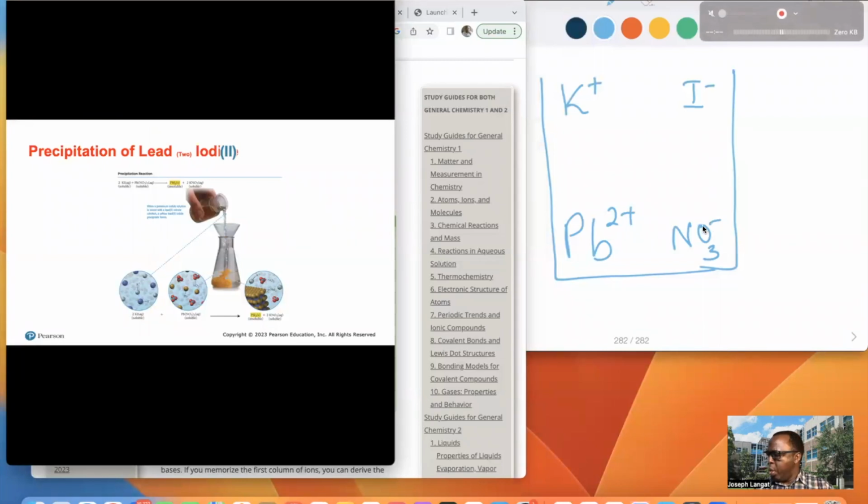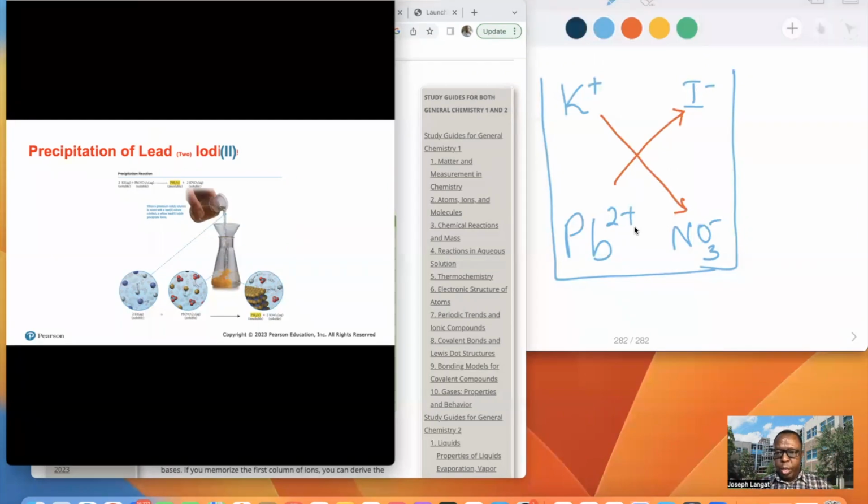So that's why I do have the negative 1 here. In a double replacement reaction, the cations exchange an ion. So in other words, lead will combine with iodide, potassium will combine with nitrate. The reason why I have charges here is so that I use the crossover rule to write the correct formula.